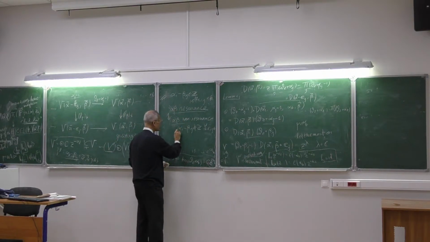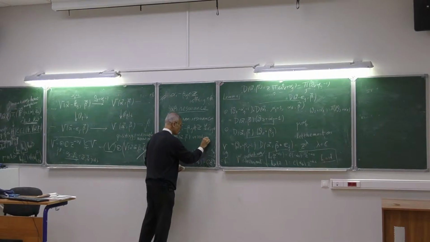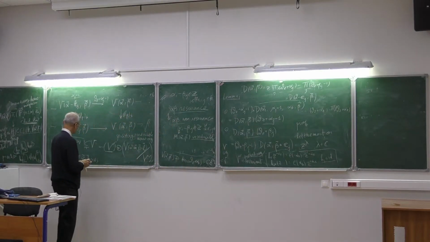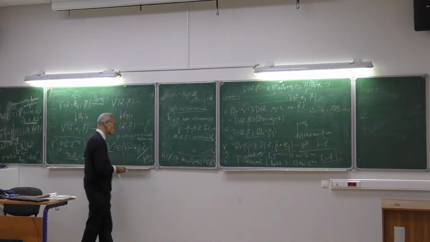And this is equivalent to saying that the monodromy representation is irreducible. Okay. So such kind of splitting doesn't happen in the case when these are all different.